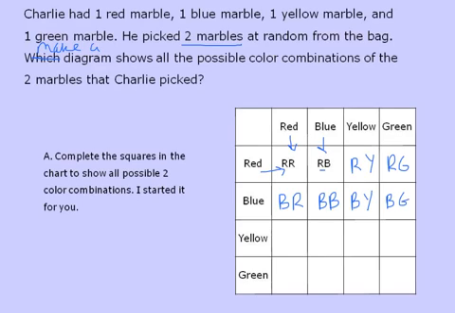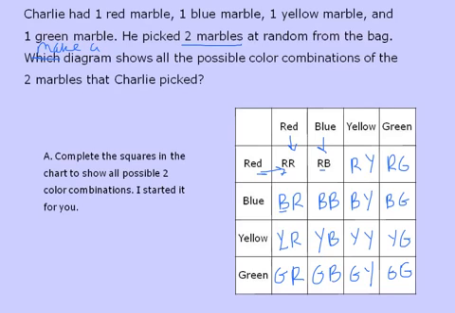Notice that I'm always doing the same one first. Like yellow is first, red is second, and I did that on all of them. I pulled from this column first. Yellow and blue, yellow and yellow, yellow and green, green and red, green and blue, green and yellow, and green and green.